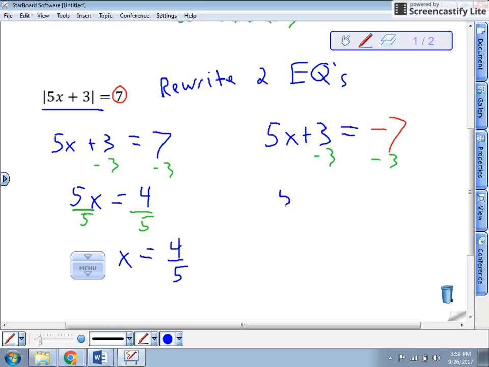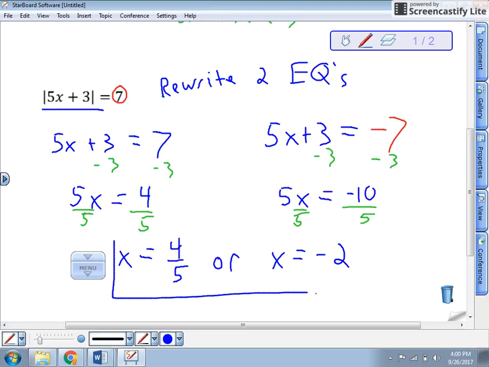So we're going to get 5x equals, now negative 7 minus 3 is negative 10. Divide by 5. So this time, x is going to equal negative 10 divided by 5, which is negative 2. So we have two answers, x equals 4/5 or x equals negative 2.